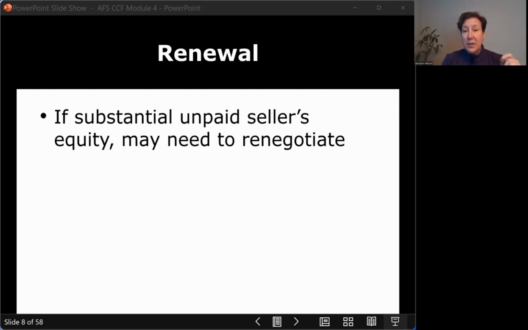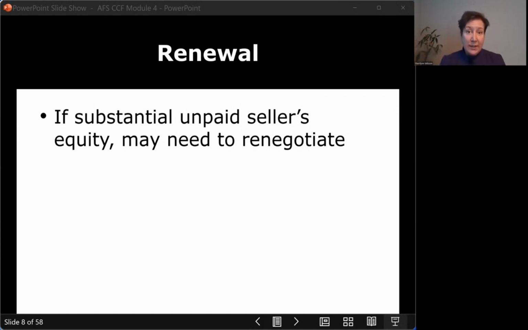Now, if there is substantial unpaid seller's equity, the cash portion, then you may need to renegotiate, because think about it. Let's say they had a term of 4 years with you, and yes, of course, you gave them a slightly better price for the privilege of them leaving the money in and you enjoying the mortgage pay down on that. But then after that 4 years, they were expecting that balloon payment of 50 or 70 or $100,000.